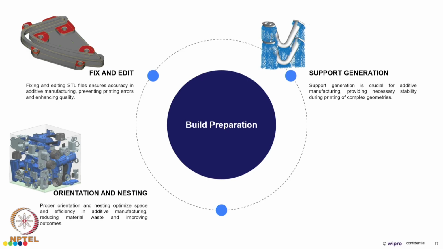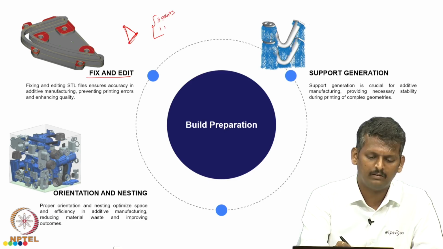And speaking in detail about the fix and edit feature, basically the STL files are made up of triangles, and this particular data when seen in the ASCII file format, it will have 3 different vertex points as one loop, 3 points and one normal.